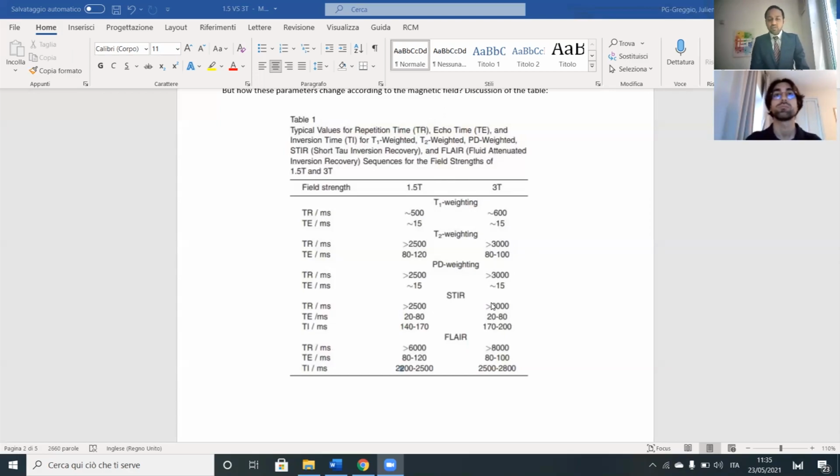Perfect. So we come to the applications now. What are the differences in applications and what are the new features in 3 Tesla and 1.5 Tesla? As regards the new features available, I will concentrate this conversation on parallel imaging, which I believe, in my personal opinion, is a feature that is gaining popularity and will increasingly become important in the selection of which type of system to buy or to use in the future.